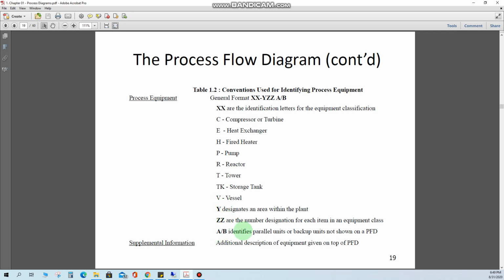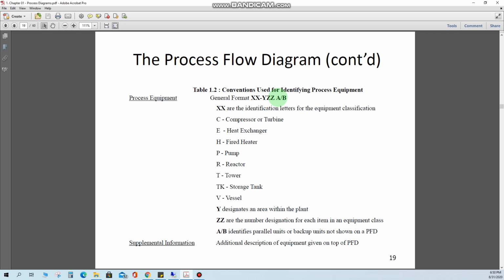The next thing, A/B, identifies parallel units or backup units not shown on the process flow diagram. Sometimes you will see this symbol A/B. It represents, for example, that on the same pipeline you can have two pumps, and one pump is operational and the other one is on standby in case the first pump doesn't operate.